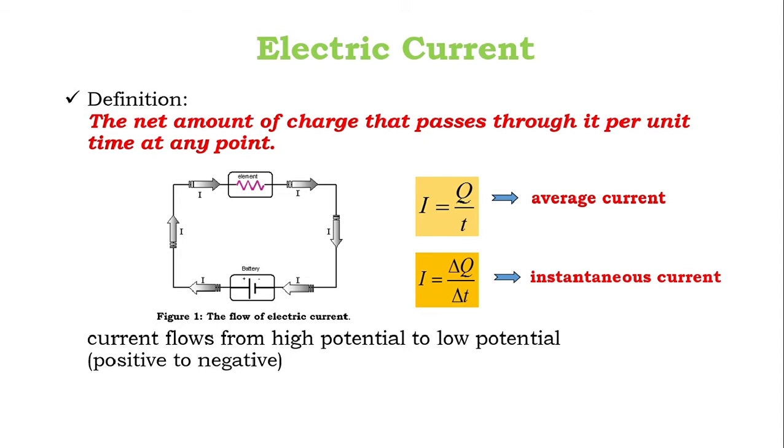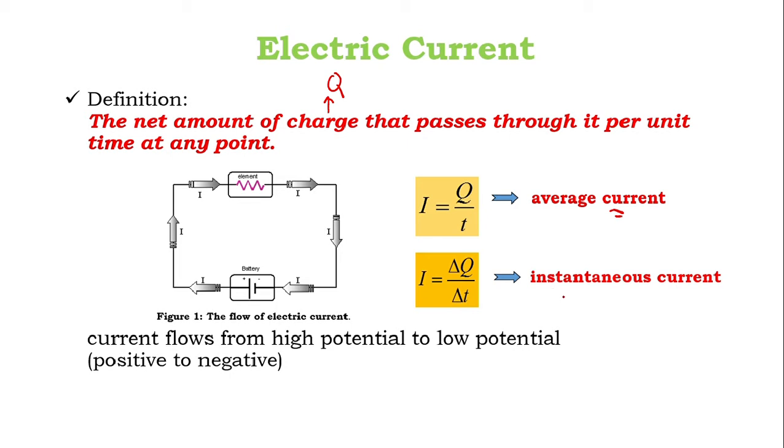What is the electric current? The definition of electric current is the net amount of charge, the charge symbol is Q, that is passed through it per unit time at any point. So I equals Q per T. I is current, Q is the amount of charge, and T is time.